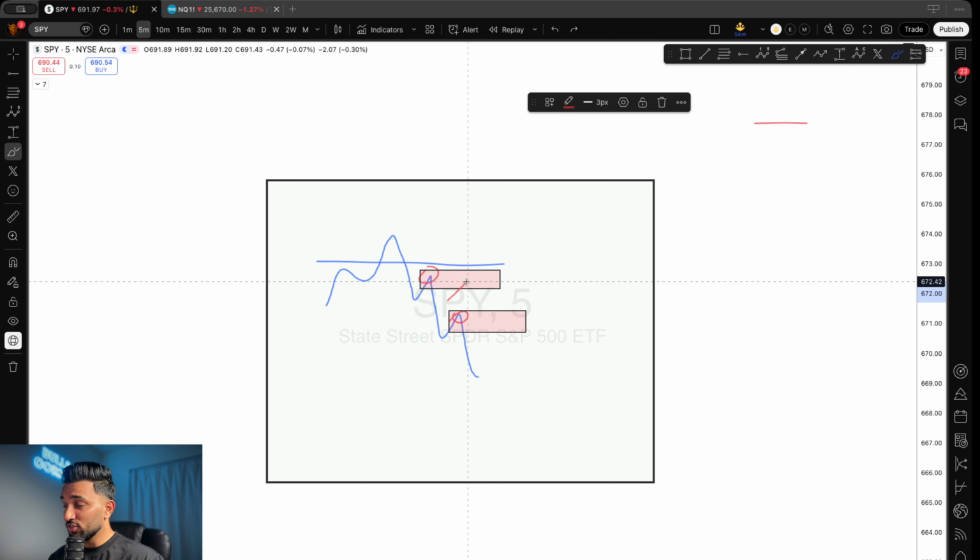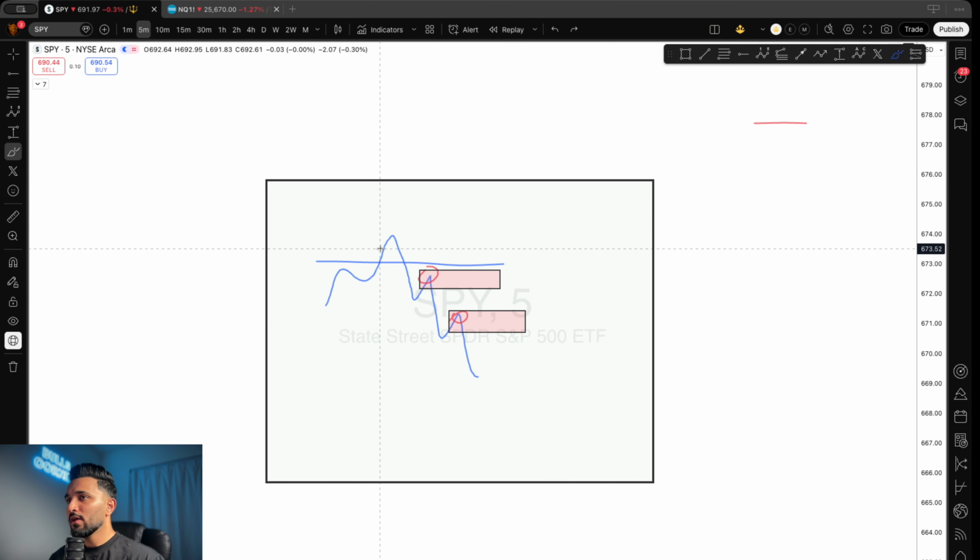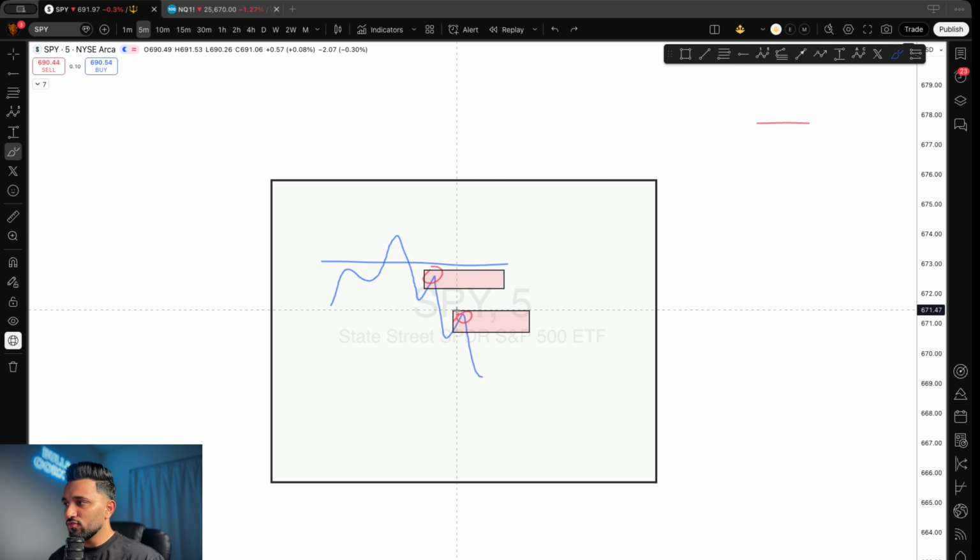As long as shorts are protecting this zone, price is going to keep dumping to the next internal range liquidity or the external range liquidity. You're going to mark all these levels on the 5 minute or 1 minute time frame. You're going to mark these internal range liquidity levels, these lower highs levels right here.